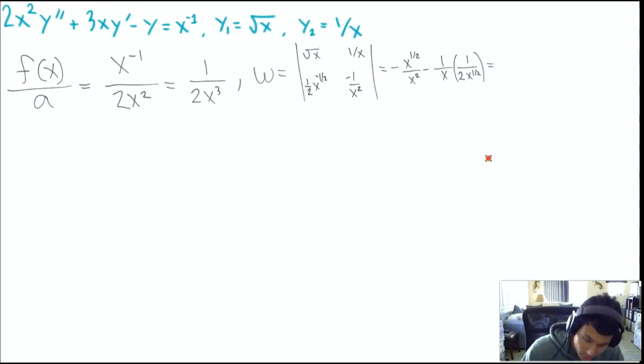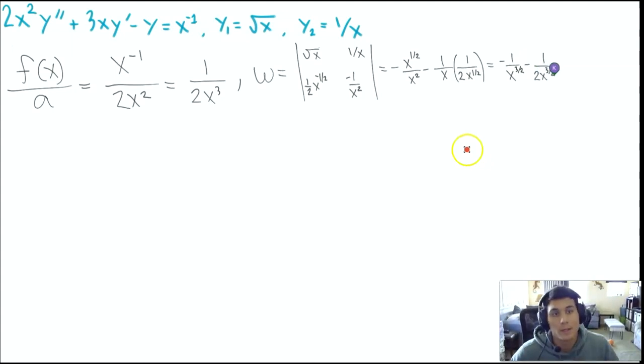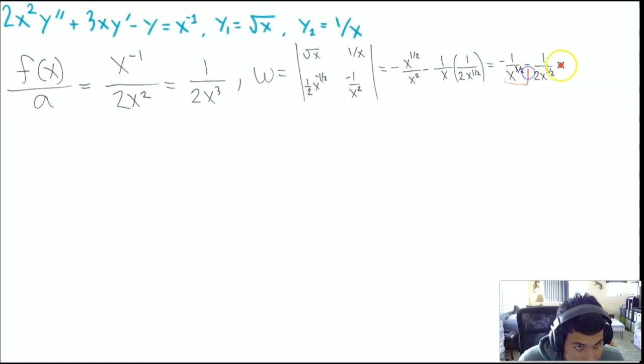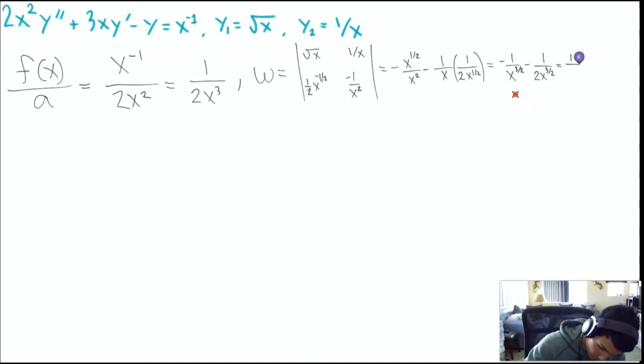It should be negative 1 over x to the 3/2. 1/2 minus 2 is 3/2. Minus 1 over 2 x to the 3/2. Okay, so these are both the same thing, except this one is 1/2 of it. If you don't believe me, I'll just write it like this for you. Negative 1 minus 1/2. Should be plus now.